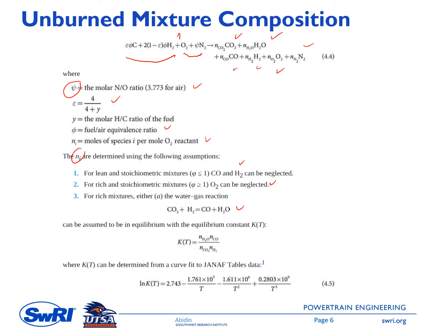If we assume this water-gas reaction is under equilibrium condition, then we can get the equilibrium constant. K here is a function of temperature. I think you learned this one in chemistry class. To get the equilibrium constant, here we use a curve fit from Heywood. Once again, K here is a function of temperature, equation 4.5.